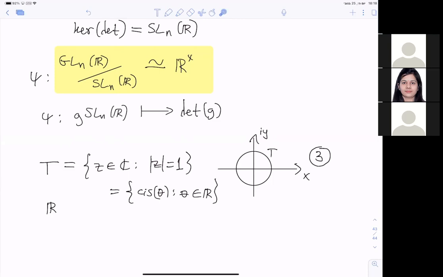Because any complex number is R cis theta, but R here is 1. So you are left only with cis theta. Here is an element, this is theta. So all points here are cis of some theta. Theta is the angle.